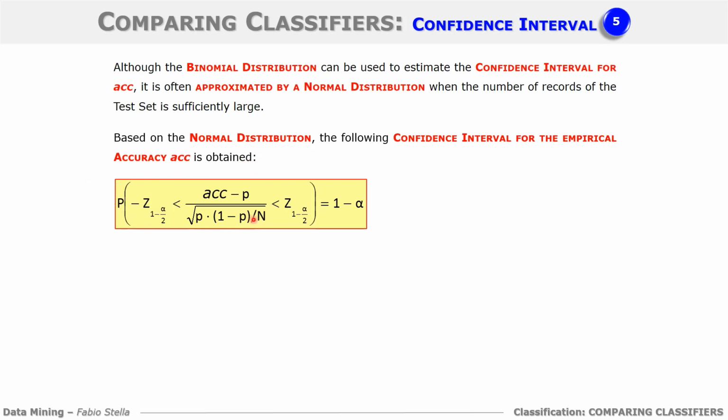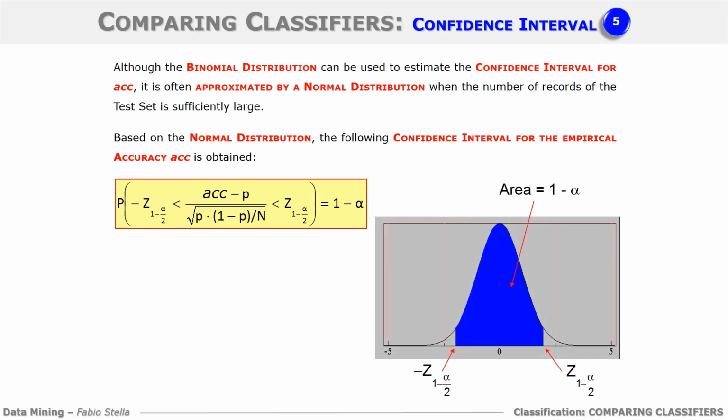This formula simply states that this quantity, which is the difference between the estimated accuracy and the true but unknown accuracy, divided by the square root of p times (1 minus p) divided by N, which is the standard deviation of the random variable, lies in this interval where the extremes are these that I am evidencing now, and this happens with probability 1 minus alpha.